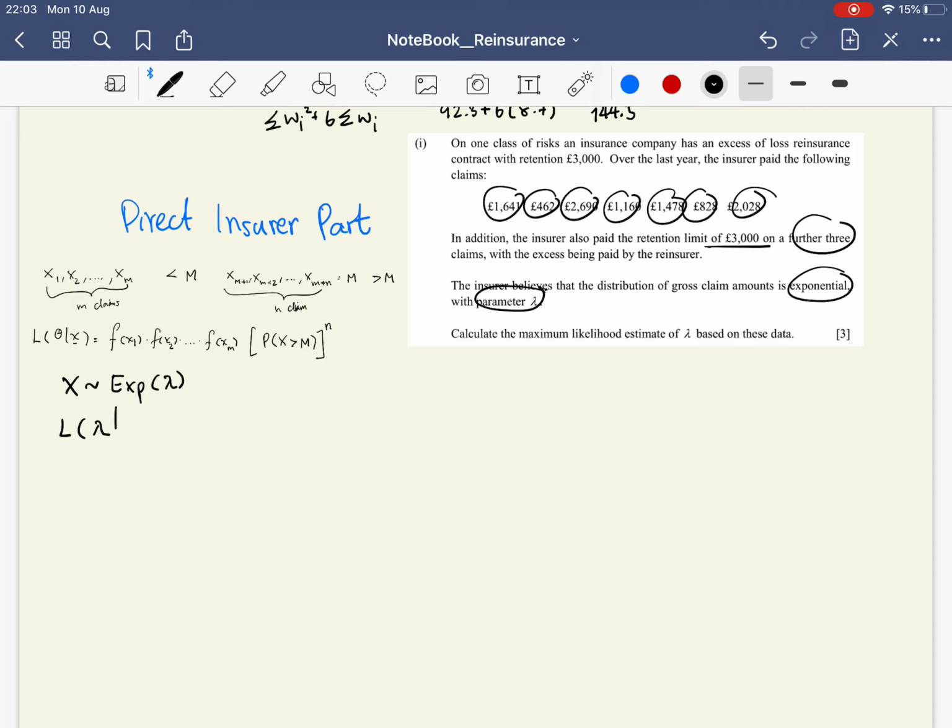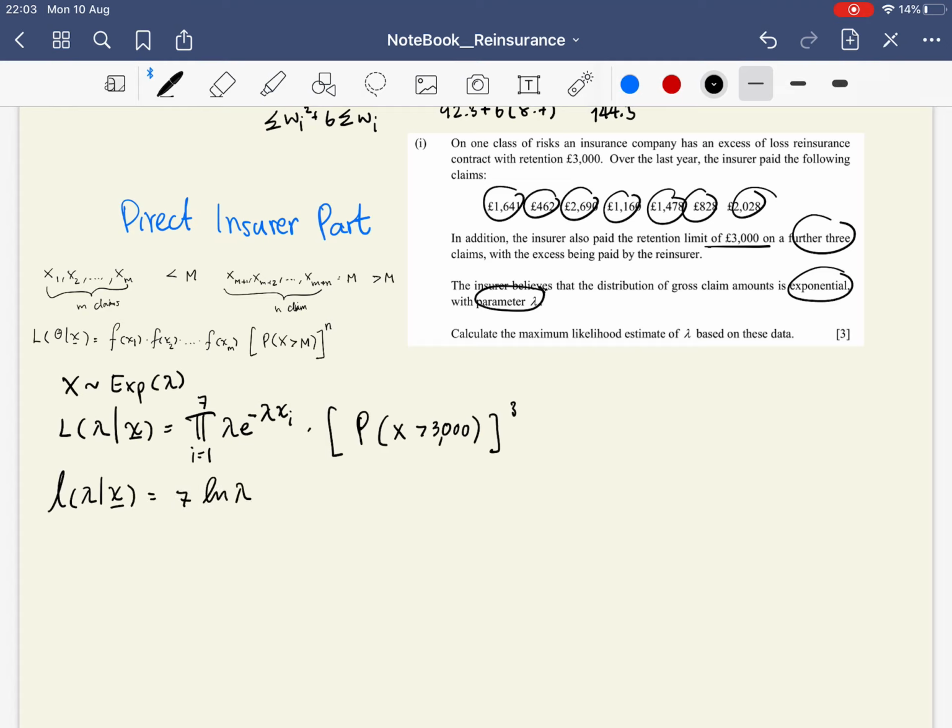The likelihood function of lambda given data x is going to be the product from 1 to 7 of lambda e to the negative lambda xi. And just 7 of them, because for the rest it's the probability that x is greater than 3000, to the power of 3. Then we look at the log likelihood function.